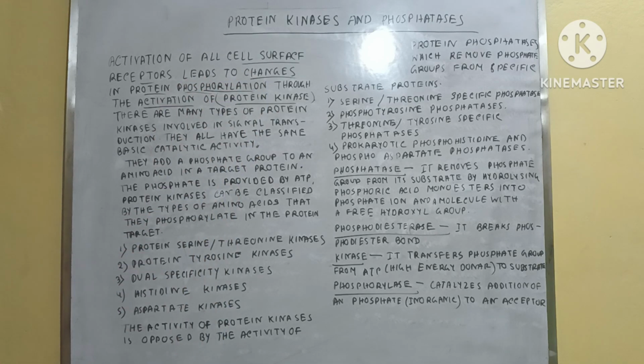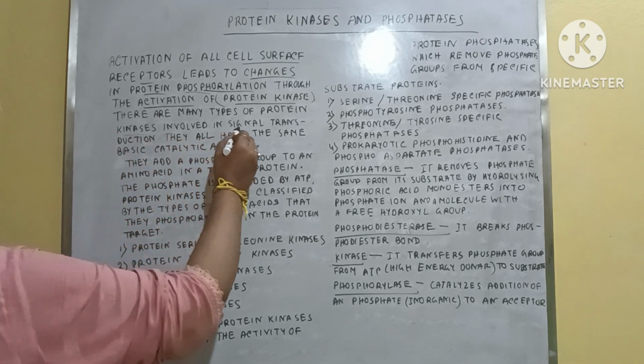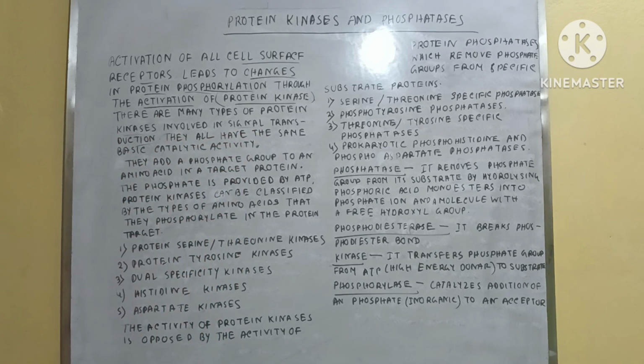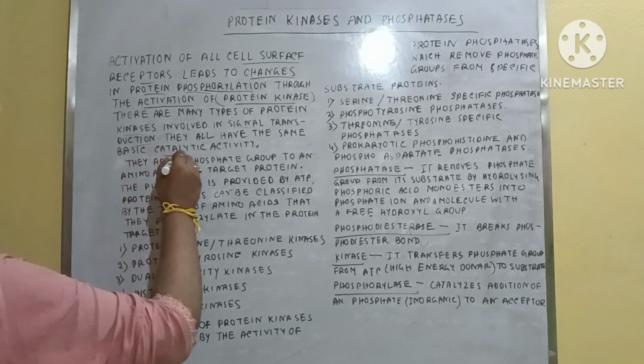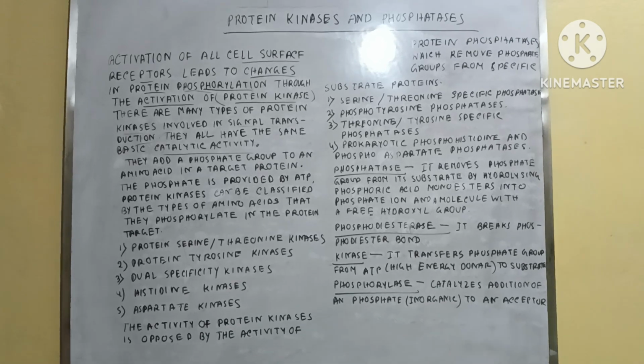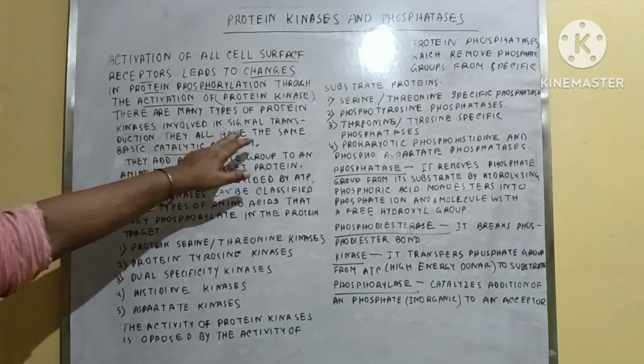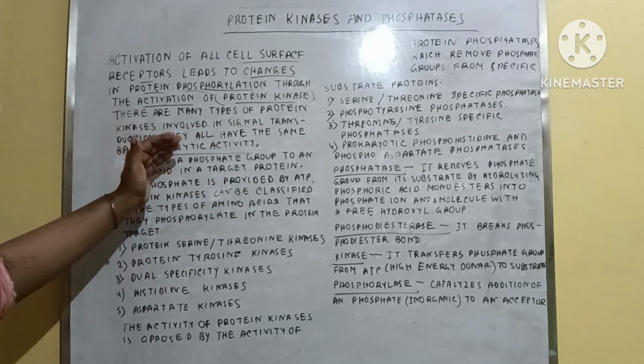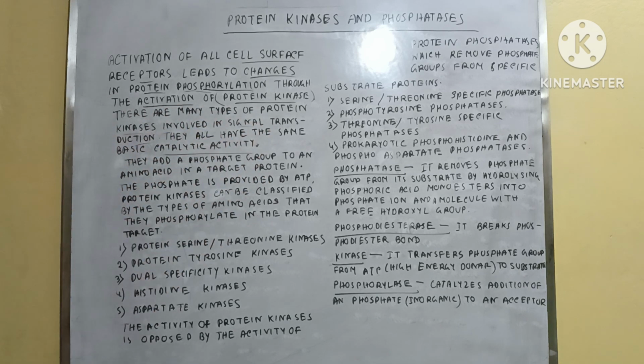That means this protein kinase is first activated itself, and after that it helps in the phosphorylation process. There are many types of protein kinases involved in signal transduction, and they all have the same basic catalytic activity.